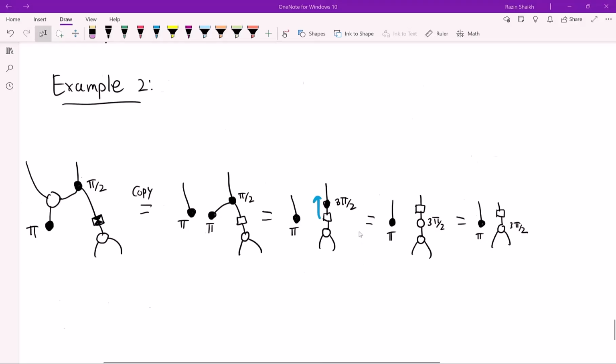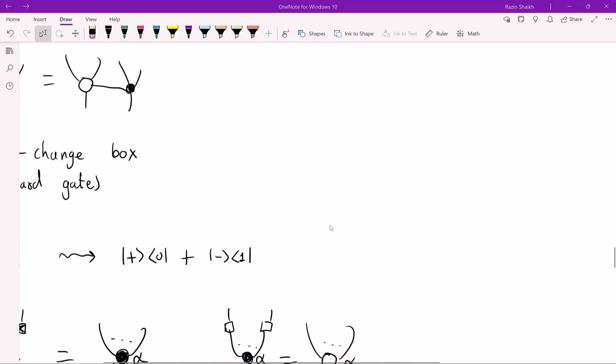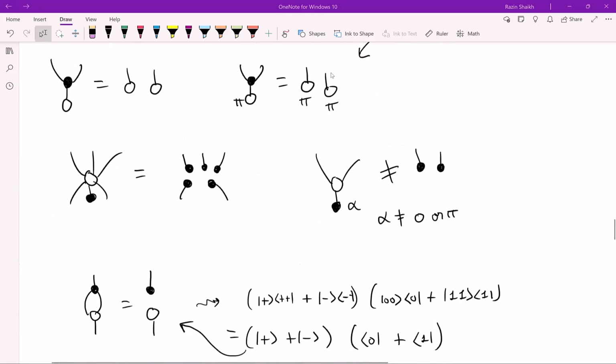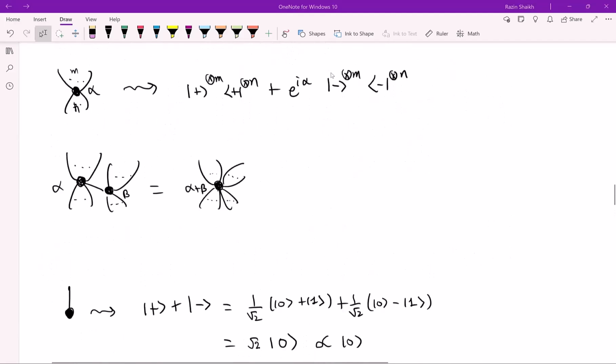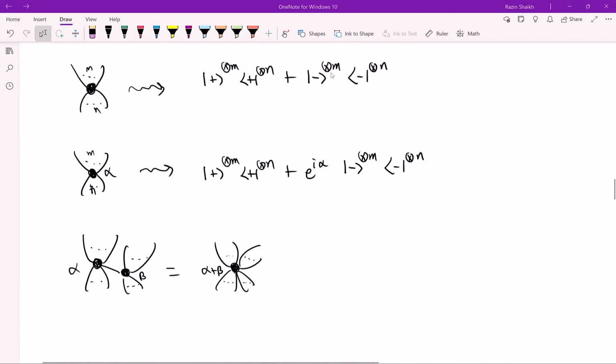Sorry, please, I have one last question. Yeah, sure. So from the spiders, to get one last thing clear, you change from the 0 state to the plus state, from 1 to minus, right? Yes. So does that mean you can liken the 0 state to the minus state because of the colors that you get? Because after you change the colors, you can now fuse the two spiders that have the same color. So are they alike, those states, the 0 state and the minus state?